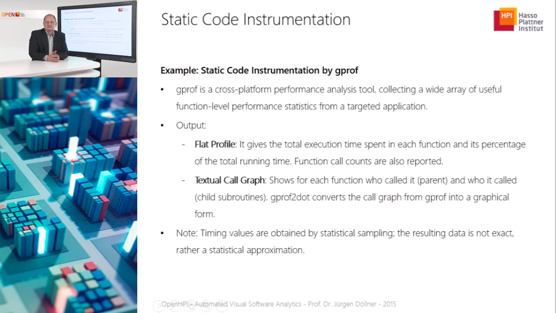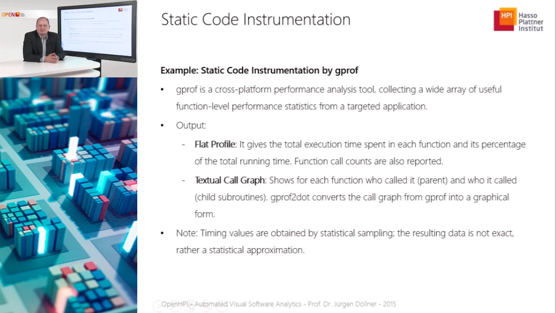One example system that provides static code instrumentation is gprof. It's a cross-platform performance analysis tool that collects a wide array of useful function-level performance statistics from a given targeted application. When the augmented system is executed, gprof produces two key outputs.